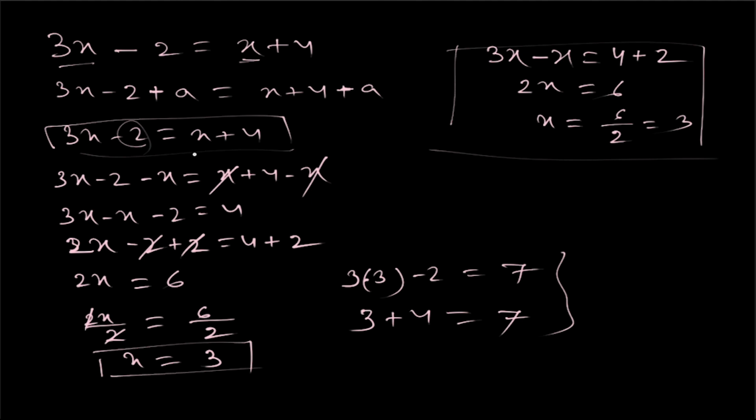So what we have done: whatever equation is there, we will take all the terms containing x to the left hand side and all other constant terms to the right hand side, and when the terms change the side, their signs will change.